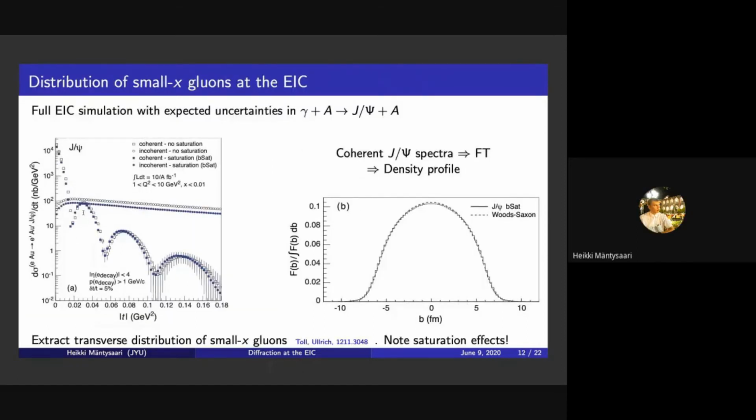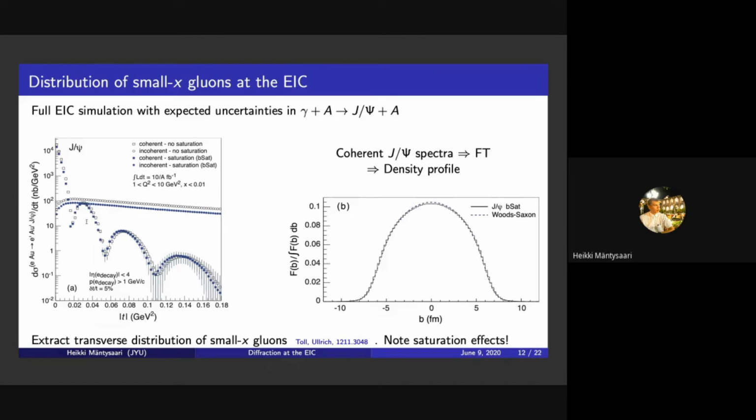And also with nuclei, you can of course do this geometry analysis. So this is the simulation at EIC kinematics in exclusive J/psi production with gold targets. The points here that show this diffractive pattern are the coherent cross-section.